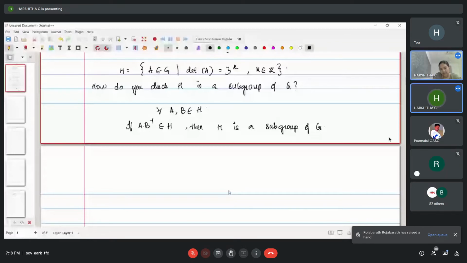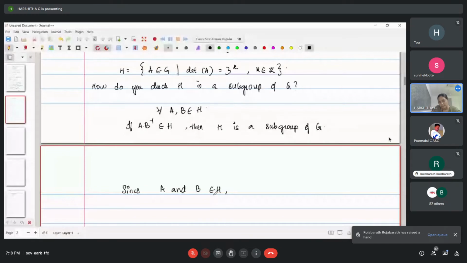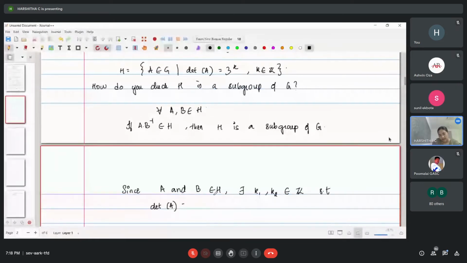Since A and B belong to H, just by the fact that an element belongs to H, its determinant is 3 power k. So there exist two integers k1 and k2 such that determinant of A equals 3 power k1 and determinant of B equals 3 power k2, right?